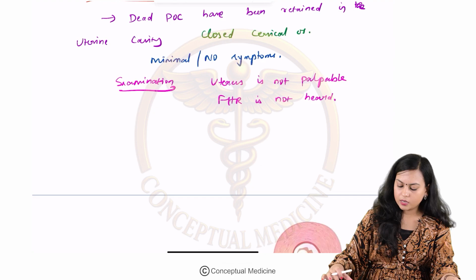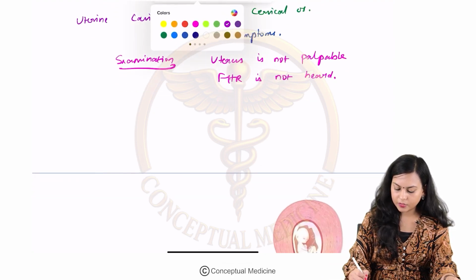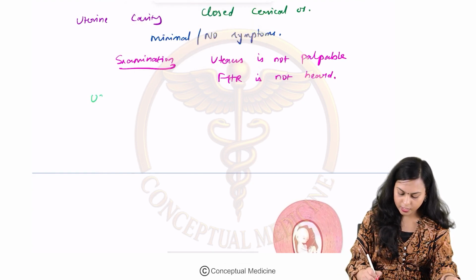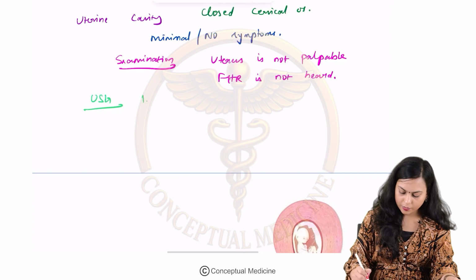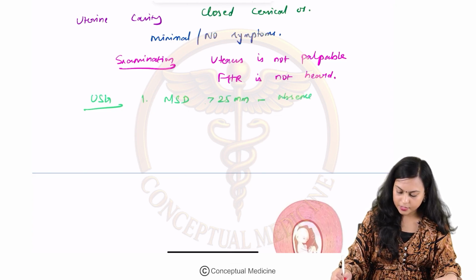We'll see some of the findings in detail. So the findings may include ultrasonogram findings. Number 1, mean sac diameter is more than 25 millimeter, but there is absence of embryo.